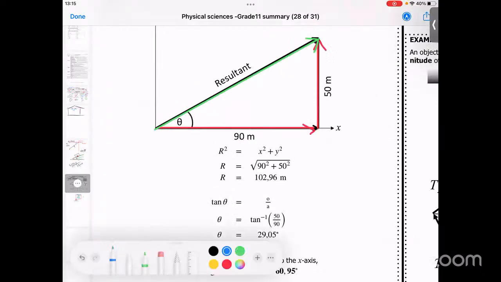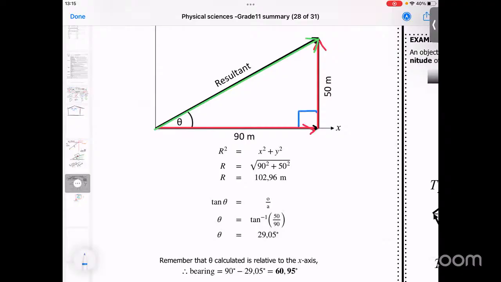Because this is 90 degrees and this is a right-angled triangle, where this is the formula. You substitute one side, you square each, and then remember you take the square root of that so that you can find the answer. So that means this is that distance, the resultant being that many meters.